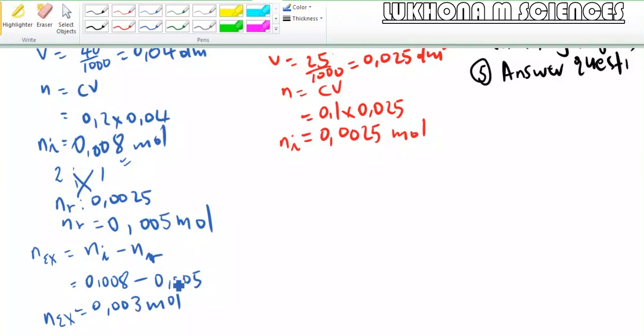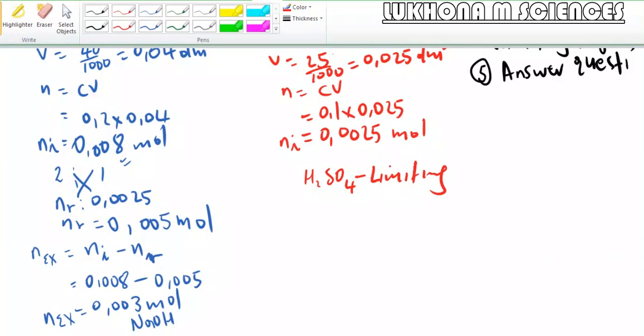Since the number of moles in excess is positive, sodium hydroxide is in excess, meaning there is no need to calculate the number of moles reacted for sulfuric acid, because sulfuric acid is the limiting reagent.